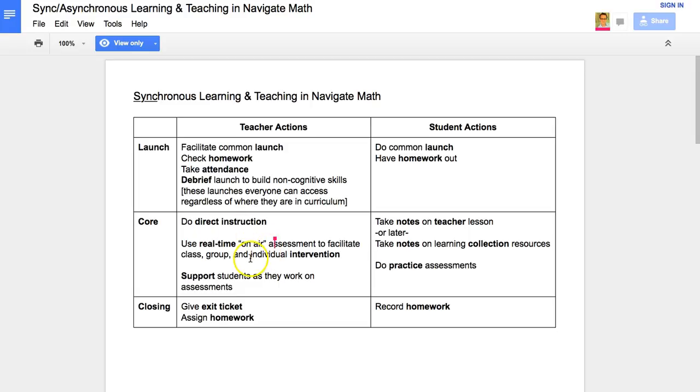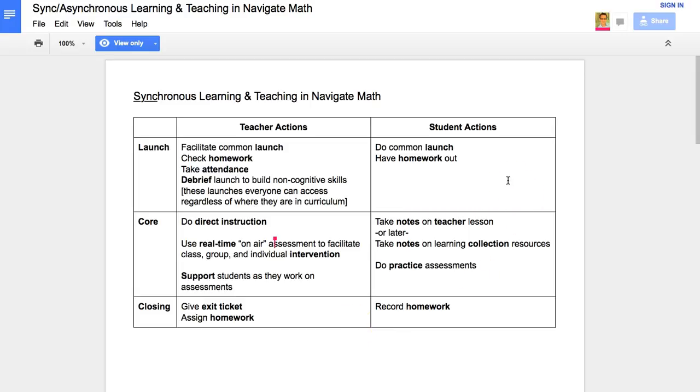The teacher will use, later to be reviewed, the real-time on-air assessment tool built within Guru to help determine class, group, and individual level intervention, and will generally spend the practice component of the class supporting students and intervening. They'll close the class, giving an exit ticket to gauge learning outcomes and assign homework.